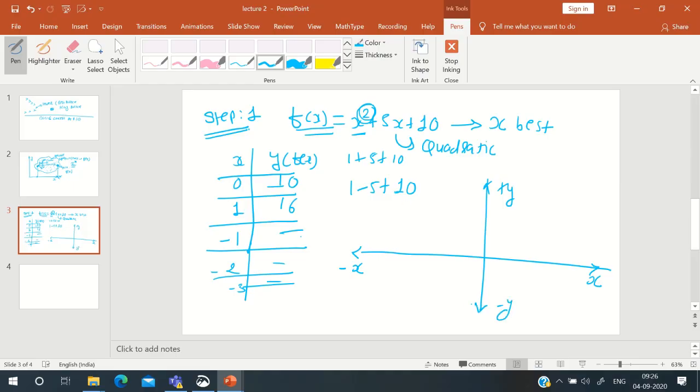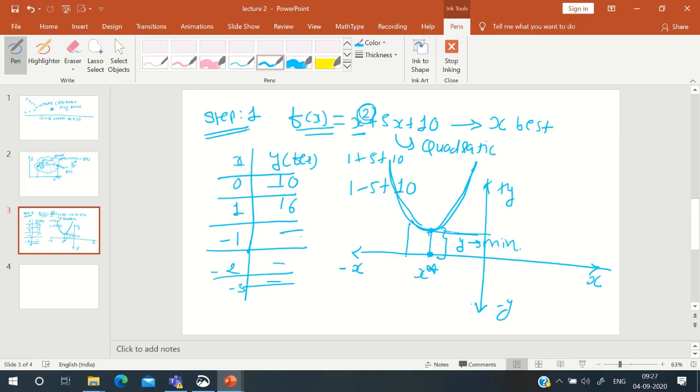So if you draw the graph of this f of x corresponding to different values of x, you will find that it will exist in the second quadrant, and it is a quadratic function. So our aim is to find out this x star, which minimizes this function. Corresponding to this x star, the value of y is minimum.